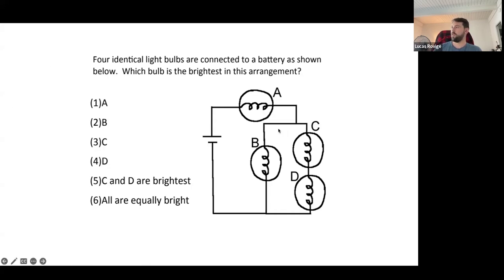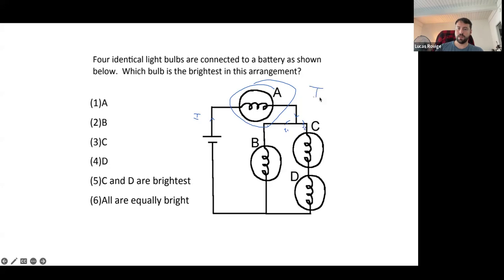All right. So you've guessed it, it's this one here, bulb number A. And the reason for that is, once again, current is conserved overall. So here we have the total current going through the circuit. And then here we have a junction, so let's call the currents I1 and I2.